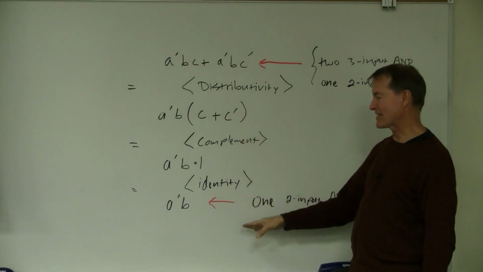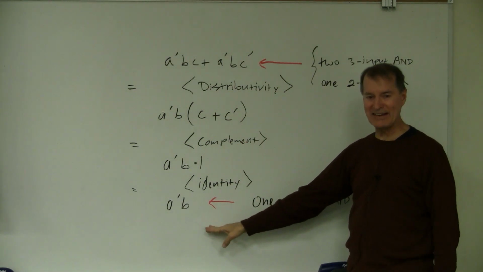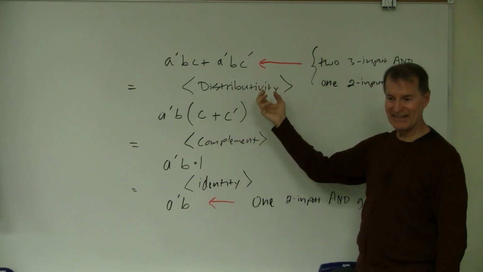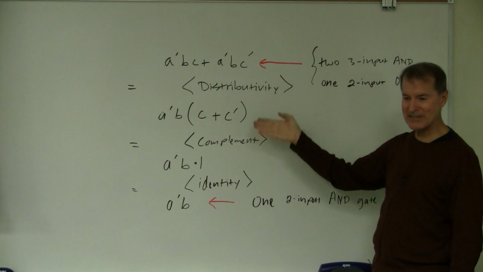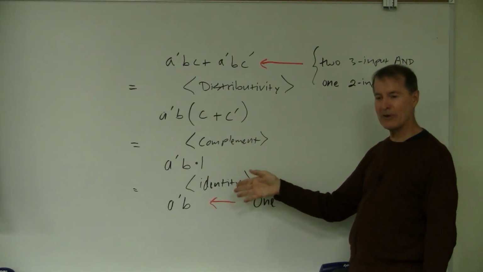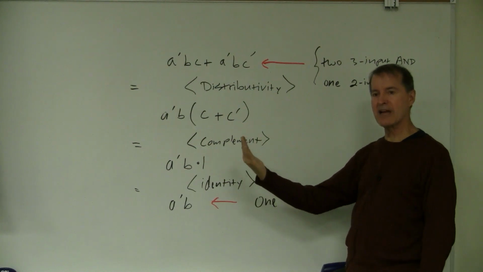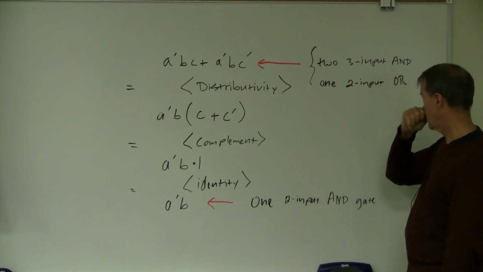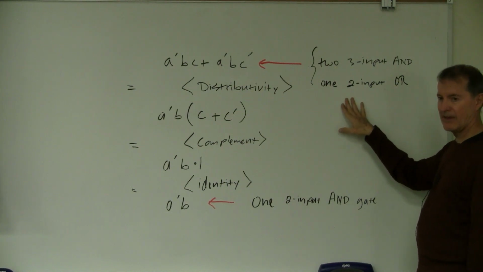Not only have we minimized the space, we've also minimized the time, because what's the gate delay here? One. There's just one gate. So we've minimized the space and the time. That's a little unusual. It doesn't work out like this frequently. Frequently the time stays the same, but we minimize the space. So does everybody see how that works?